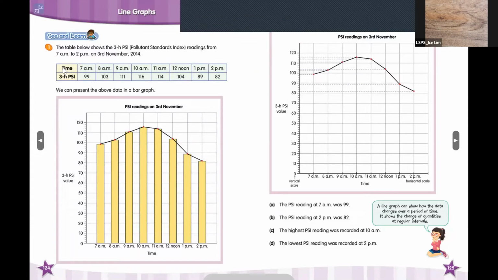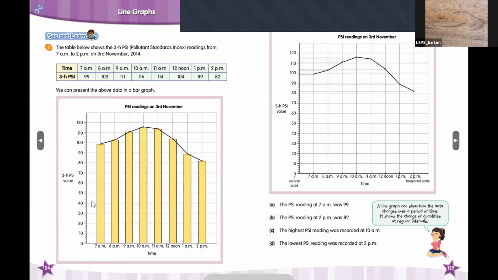And it shows you the PSI, pollutant standards index, reading changing from 7 a.m. in the morning to 2 p.m. in the afternoon. Okay, and previously we learned bar graphs, so we know we can draw bars underneath.